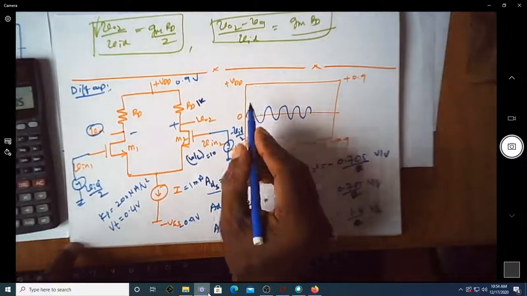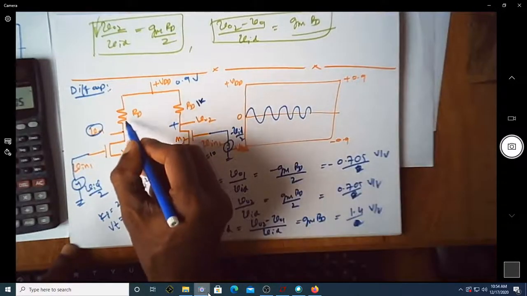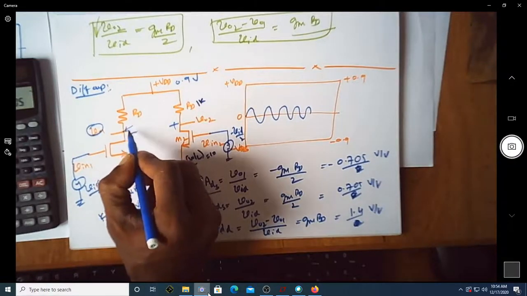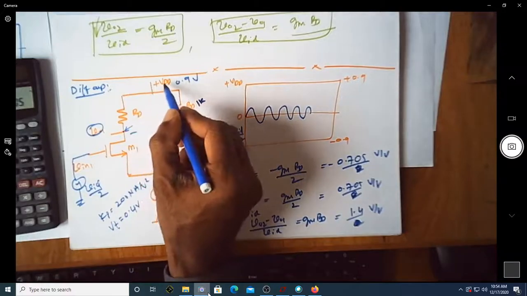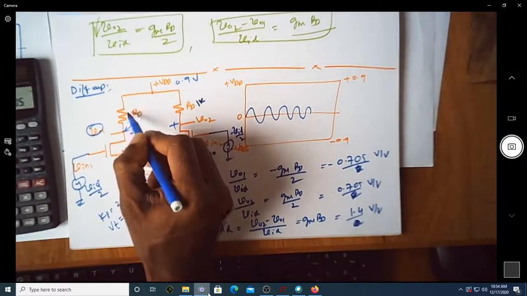But the output voltage measured at this point, which is V01, will have some DC shift. If you find out the DC voltage at this point, it is exactly VDD minus ID into RD.